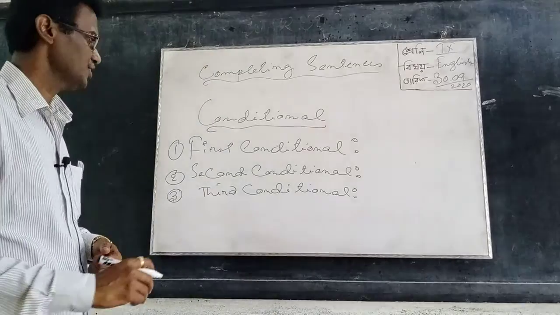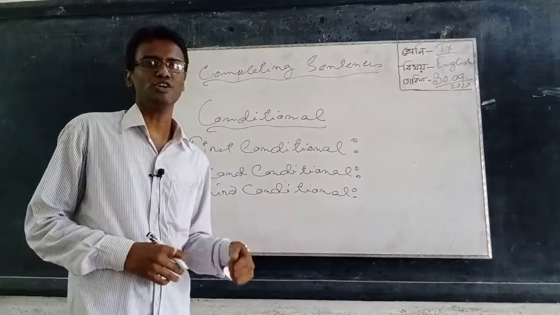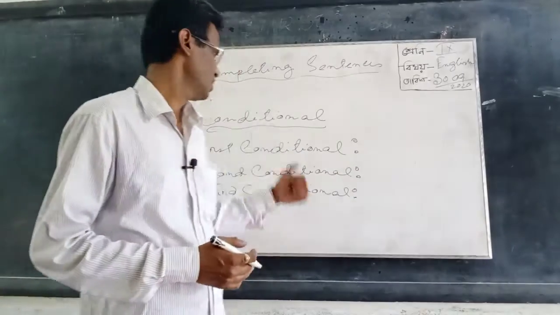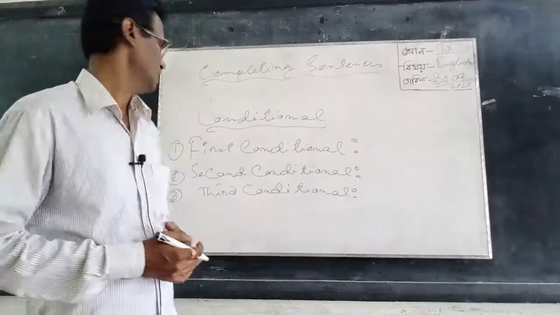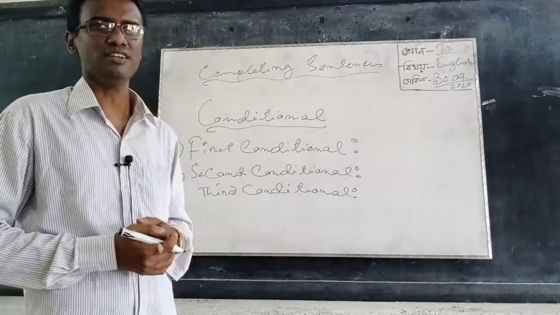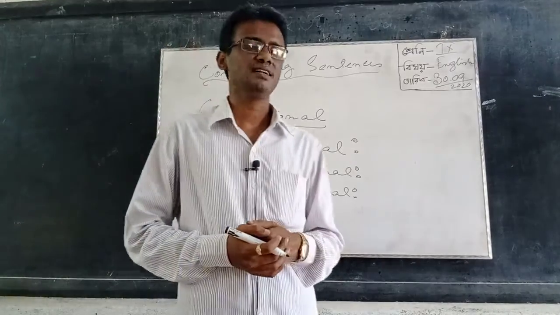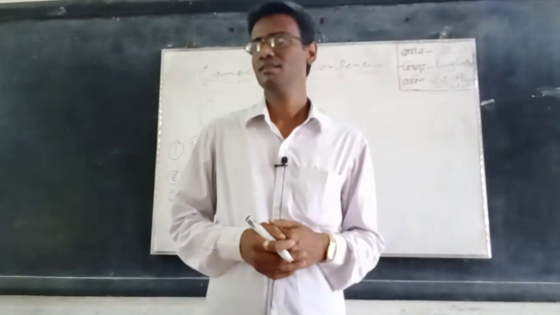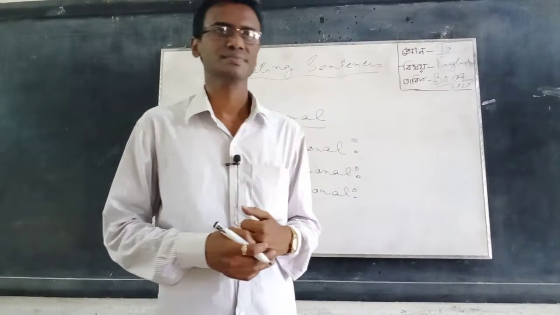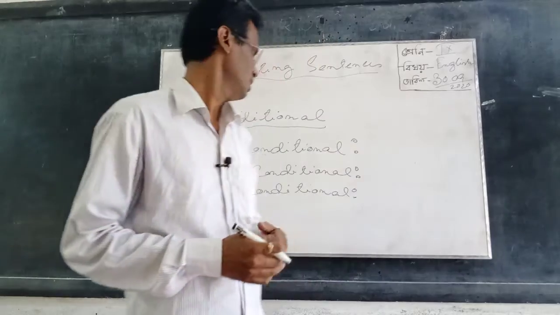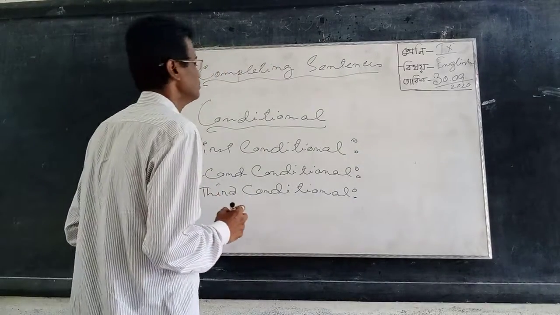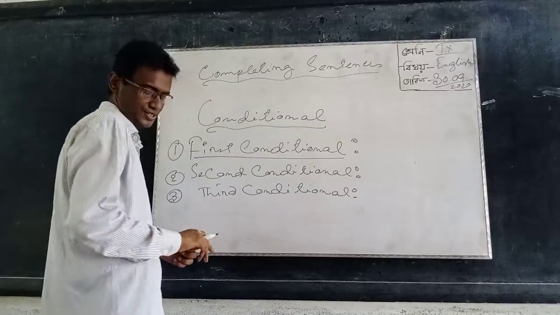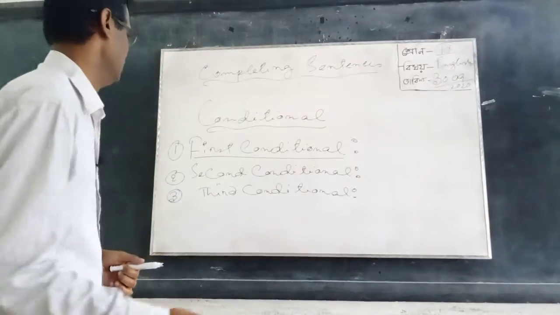And there is another conditional, the zero conditional. Next I will discuss the zero conditional. Firstly we have to know the three kinds of conditionals. Do you know, my dear students, the first conditional structure? Sure, I will write down the structure of the first conditional.